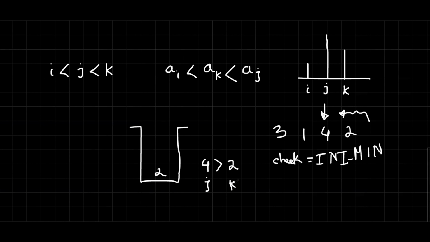Why? Because suppose for this subsequence 4 and 2, if in any of the previous positions we found any value which is less than 2, suppose 1, then we can say that we have found the 132 pattern.